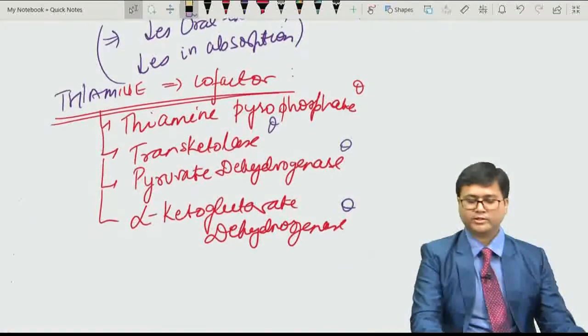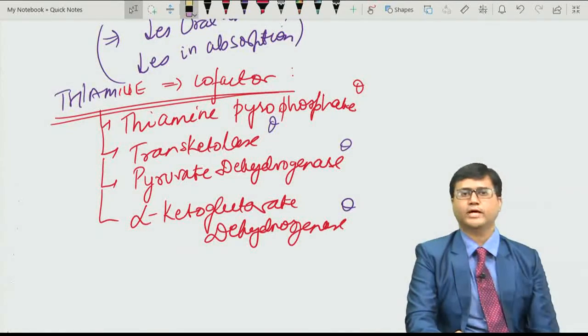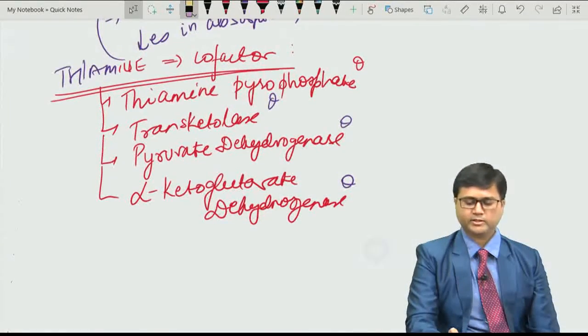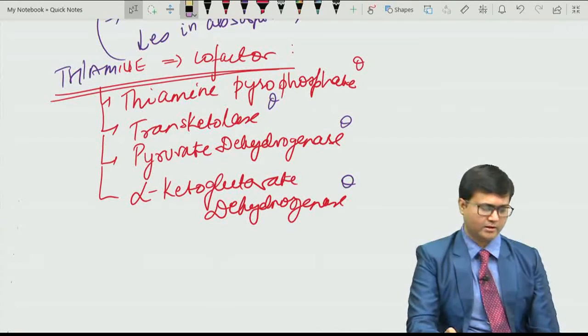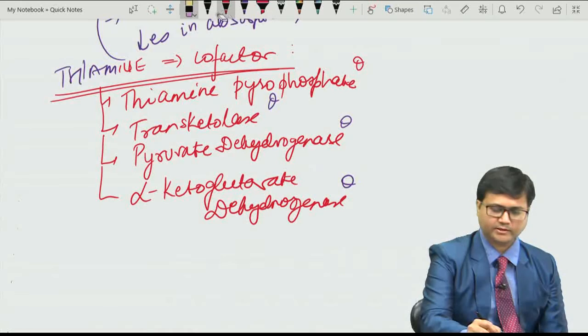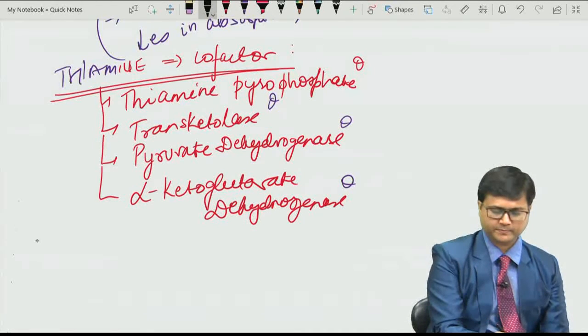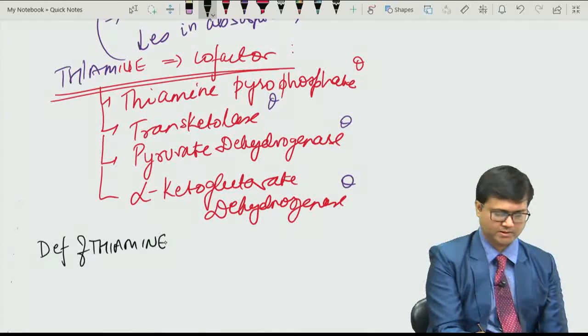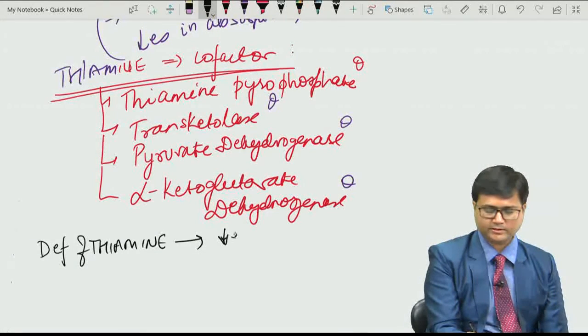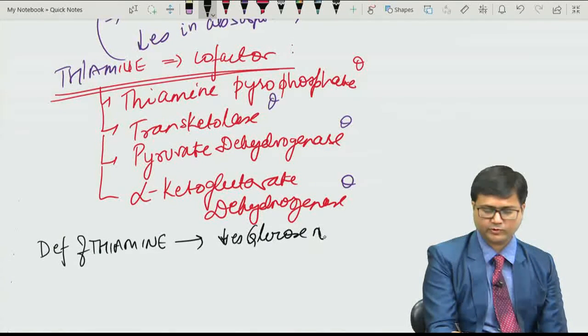So when there is a deficiency of thiamine, these important enzymes required in glucose metabolism in the Krebs cycle are affected. When there is deficiency of thiamine, there will be decrease of glucose utilization.